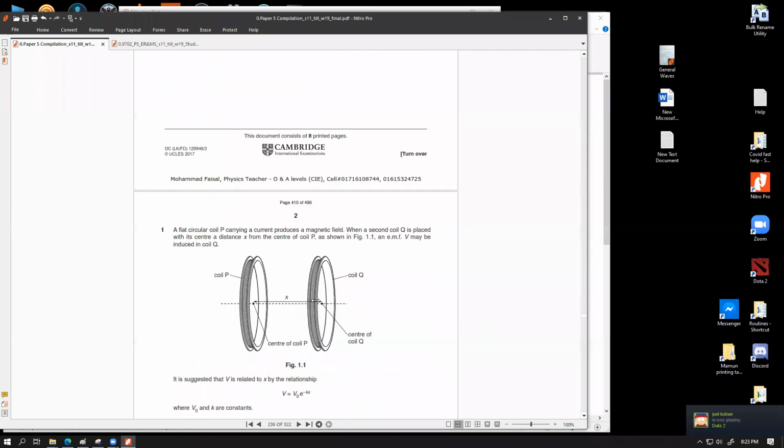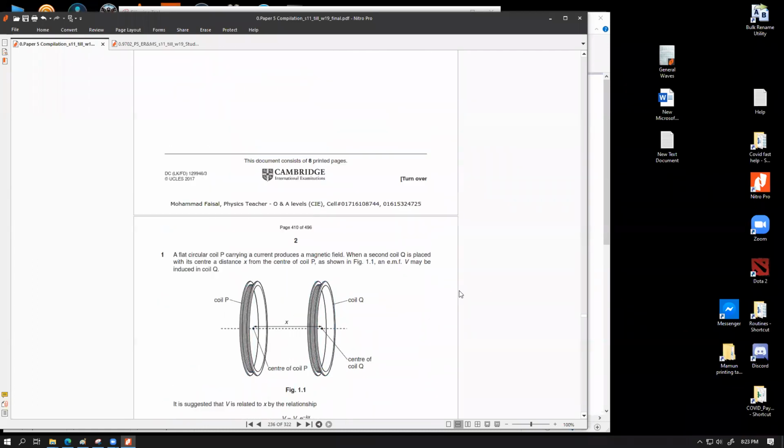Mithila, did you propose this one or the other one? Because they both look pretty similar.